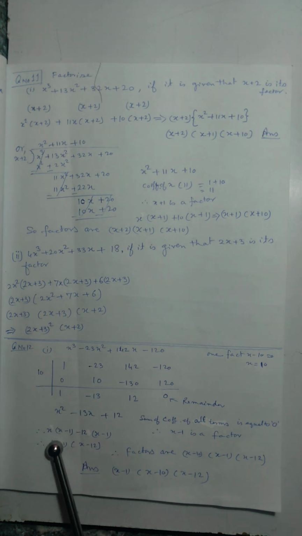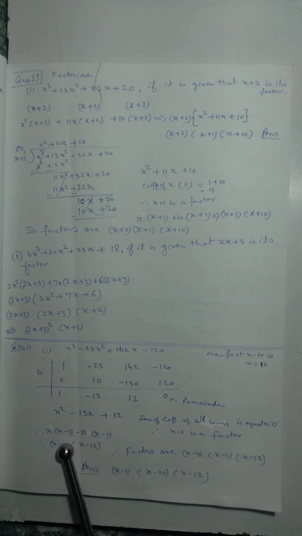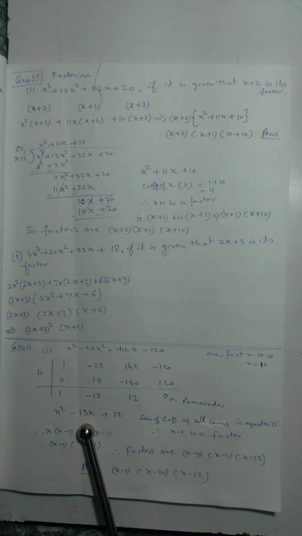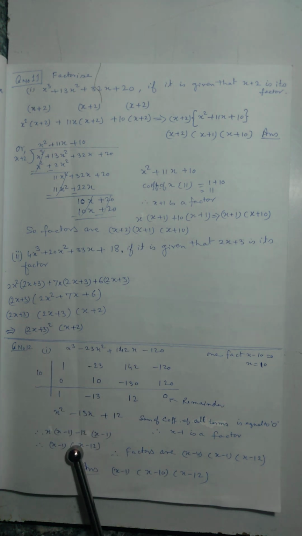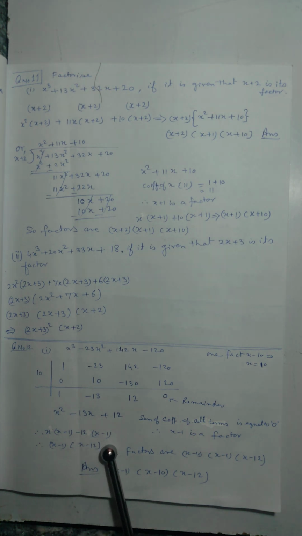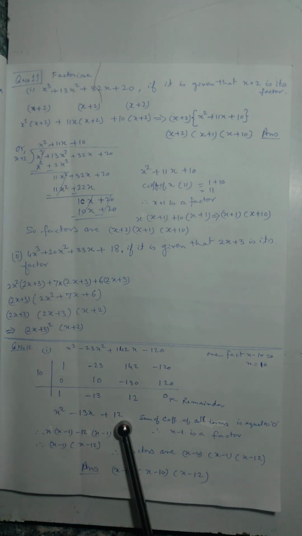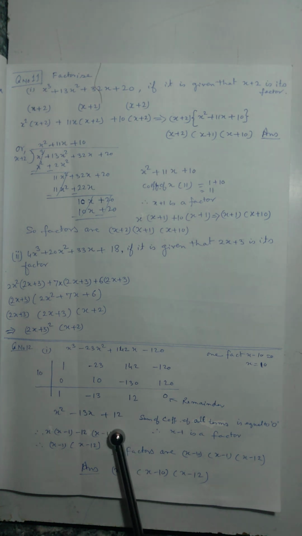So in order to get x square, I have written here x. While we multiply it with minus 1, you will get minus x, but there is a requirement of minus 13. So what you do, you put here minus 12. Minus 12 and minus x, that will be equal to minus 13. So minus 12 will multiply with minus 1, it will become plus 12, that will be equal to the given constant.